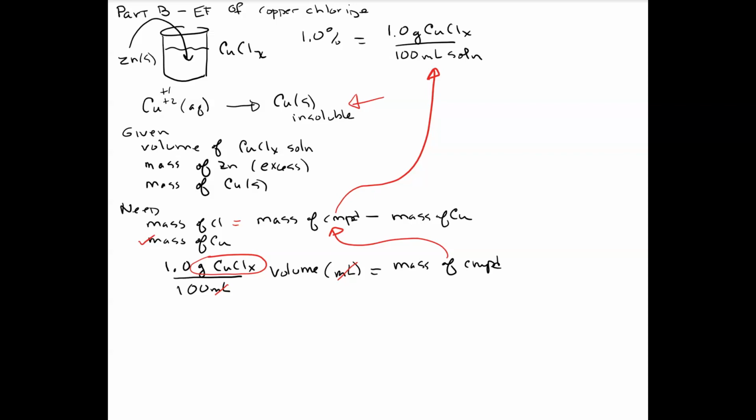At this point, we are somewhat familiar with calculating empirical formulas. We start out by recovering the mass. We're calculating the mass of each element. We take those masses and convert to moles. So we need moles of copper and we need moles of chloride.